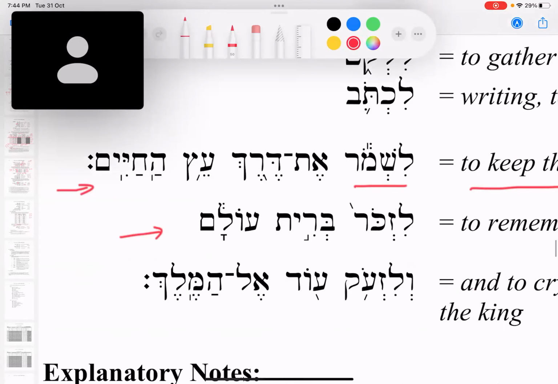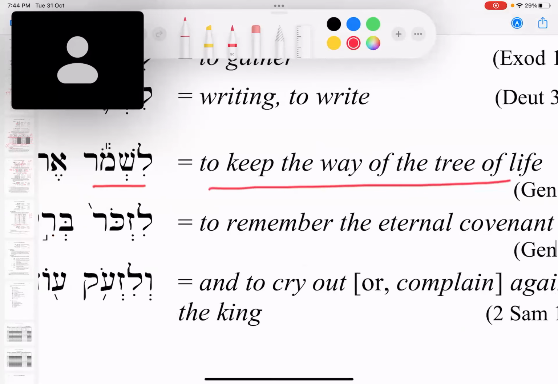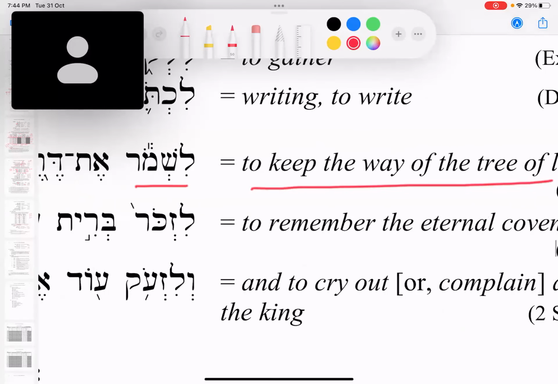Everywhere you will find that the first Shiva under Lamed has been heightened to Hirek. So Liskor Berit Olam, to remember the everlasting covenant.